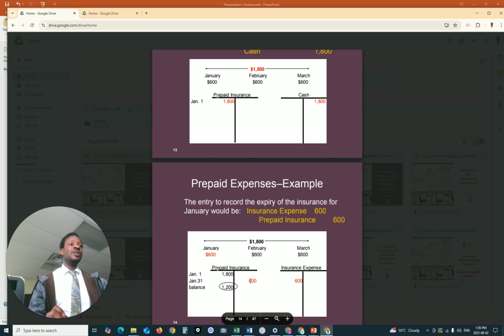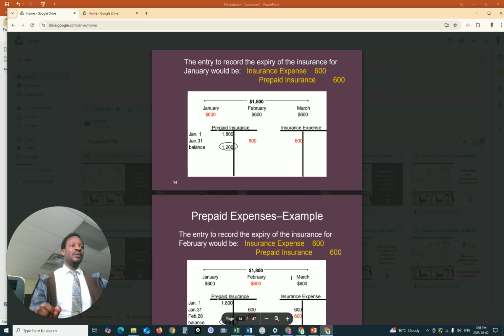So prepaid insurance would be credited, and the insurance expense account would be debited. So as you use something up, it is expensed, and from the prepayments you had made, that one would be reducing. When an asset is reducing, it's credited. When an expense is being recorded, it is debited.